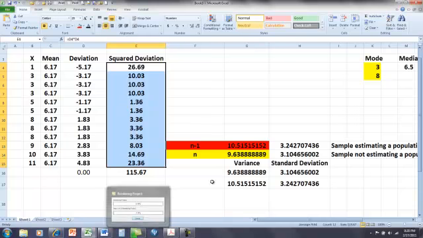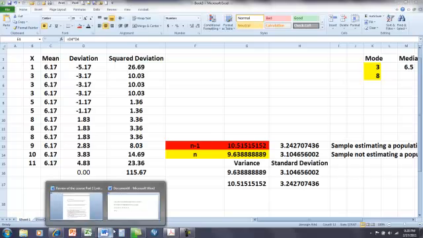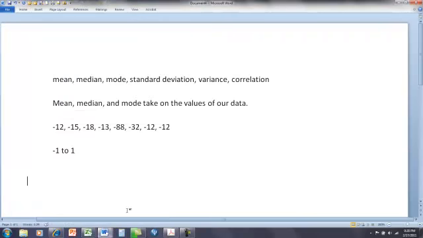So the standard deviation is always the square root of a positive number, and we always take that to be positive. Therefore, the standard deviation and the variance cannot take on negative values.